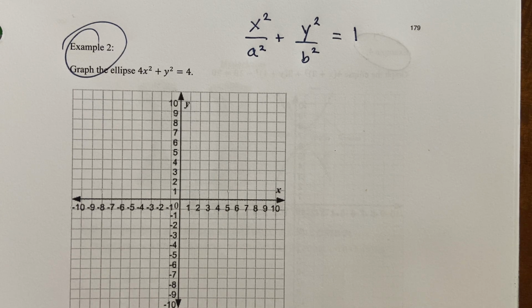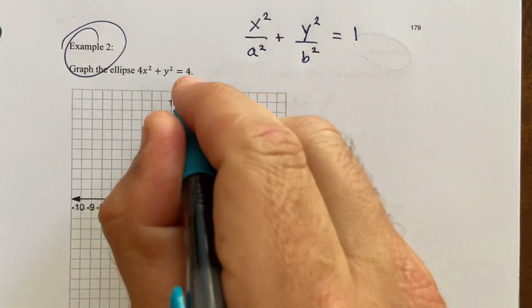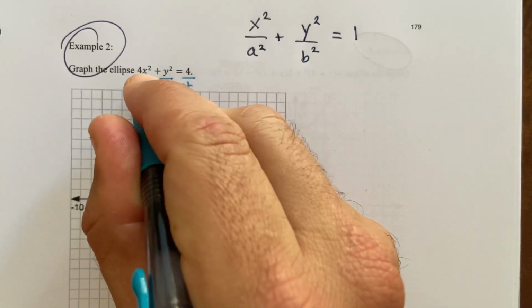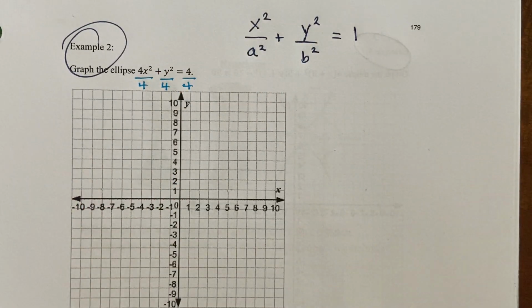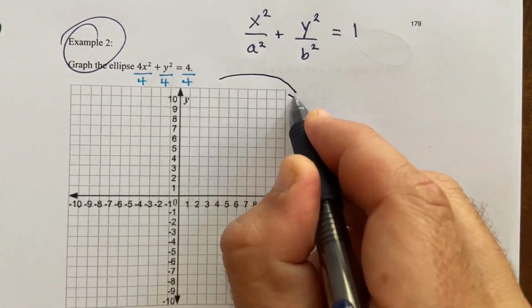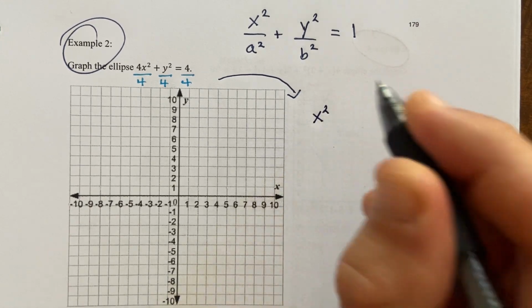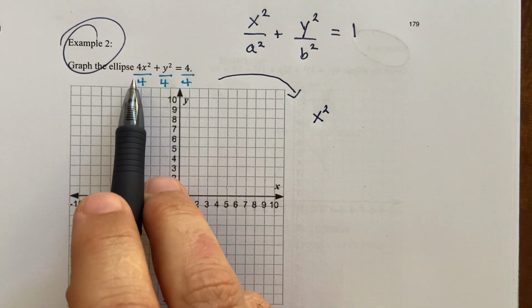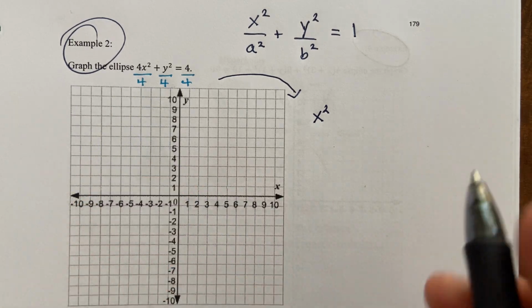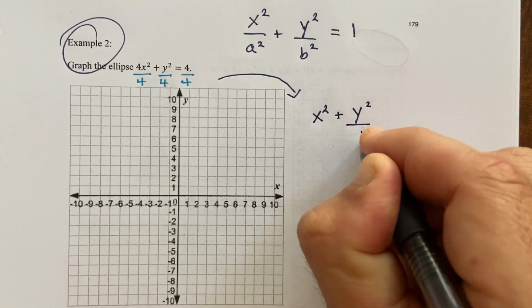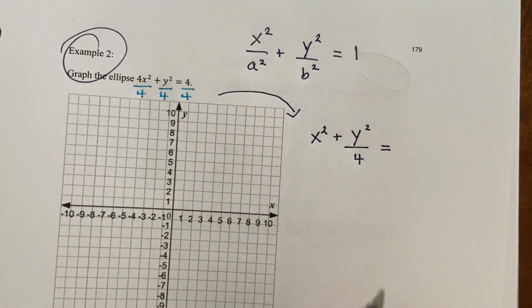So in order to create that, I'm going to divide everything by 4, to at least create the 1, and then let's see what happens after that occurs. So I would have x squared, right? 4 over 4, that cancels, just leaving the x squared, plus y squared divided by 4, and then this would all equal 1 now.